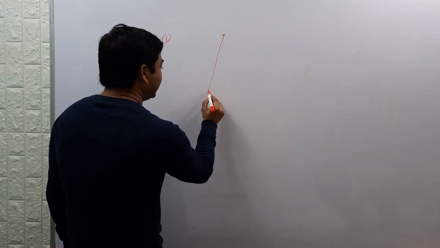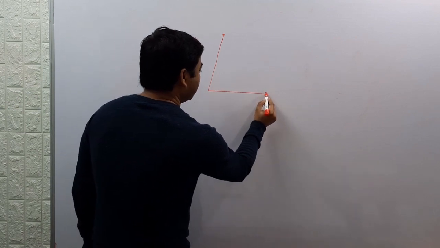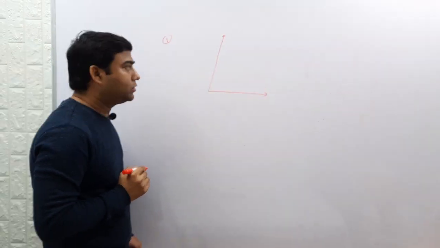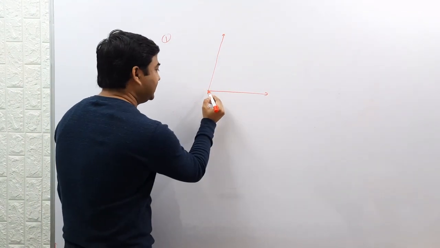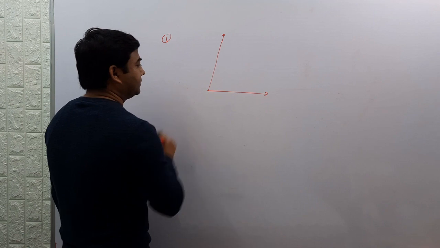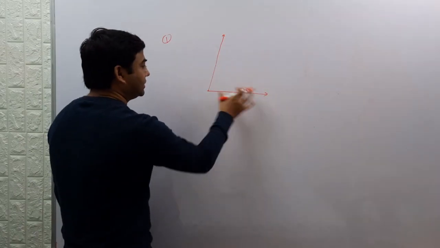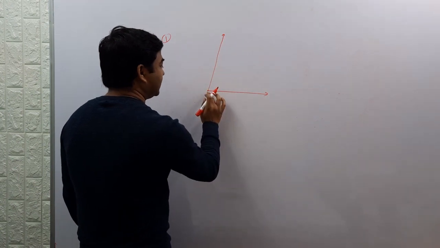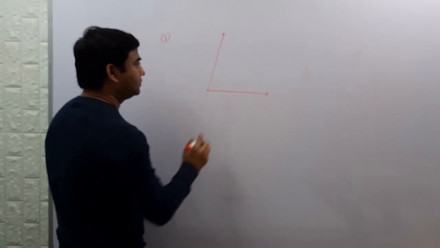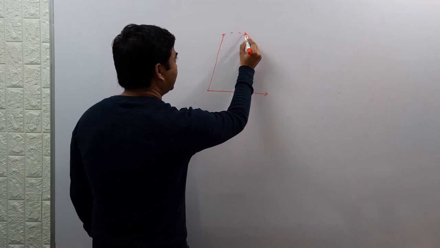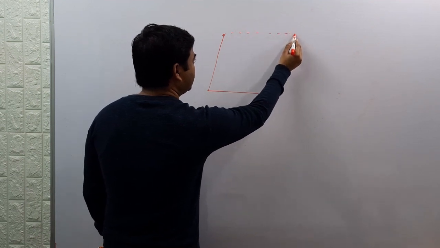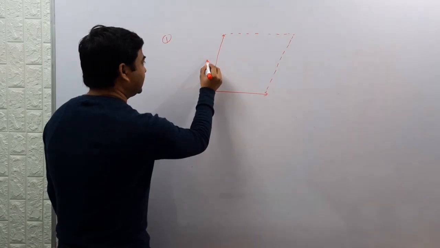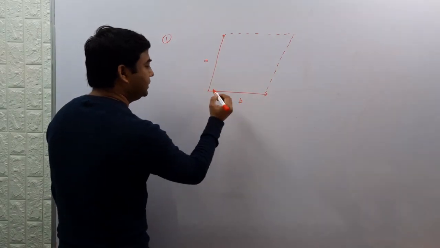If two vectors are represented by adjacent arms of a parallelogram starting from the same point, first vector is represented by this arm, second vector by this arm, you have to complete a parallelogram based on these two arms. This is vector A, this is vector B.